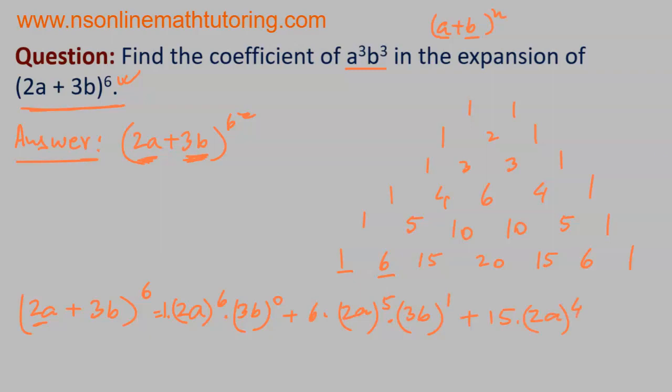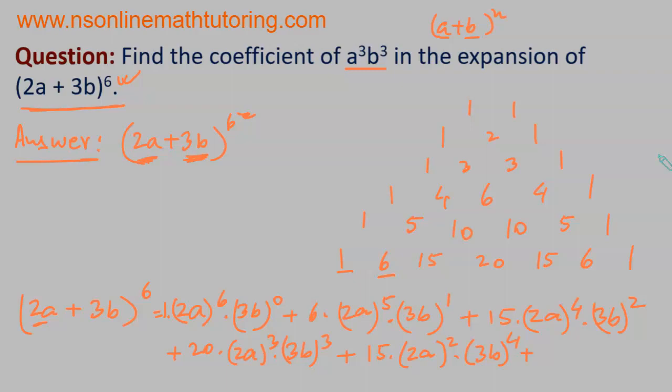plus 15 times 2a to the power of 4 times 3b to the power of 2 plus 20 times 2a to the power of 3 times 3b to the power of 3 plus 15 times 2a to the power of 2 times 3b to the power of 4 plus, I should have started a little left.